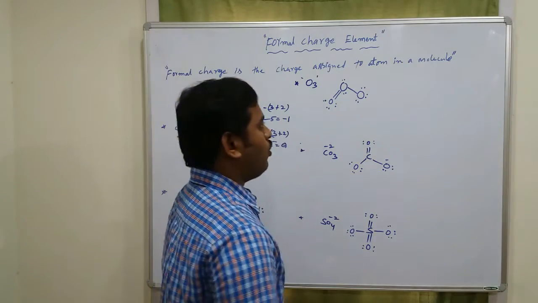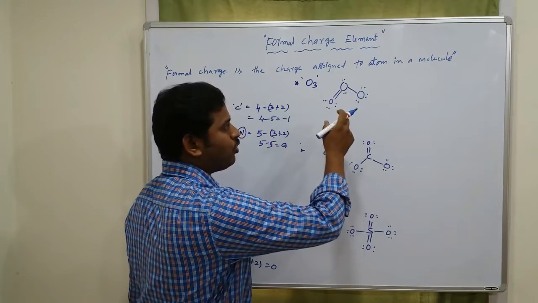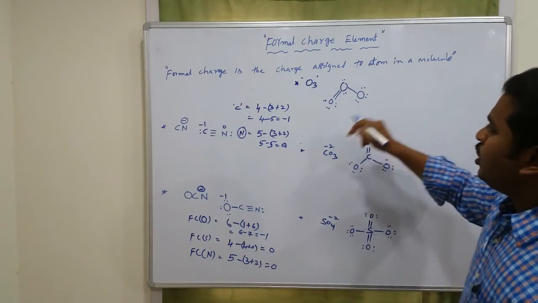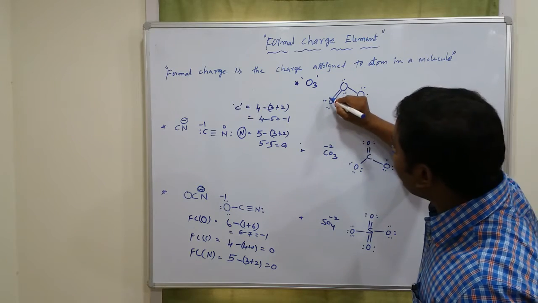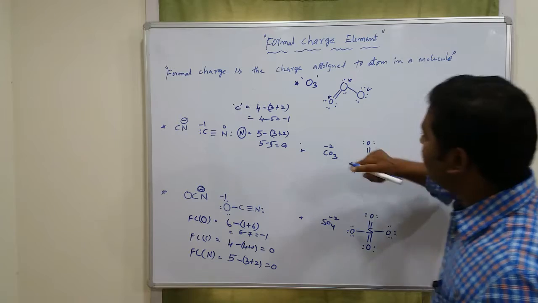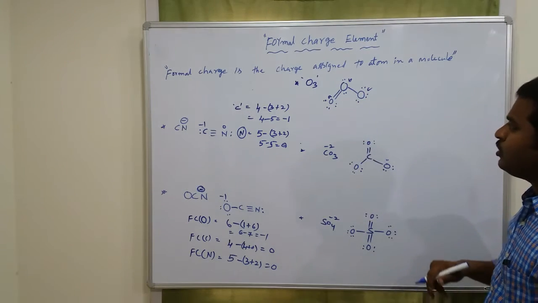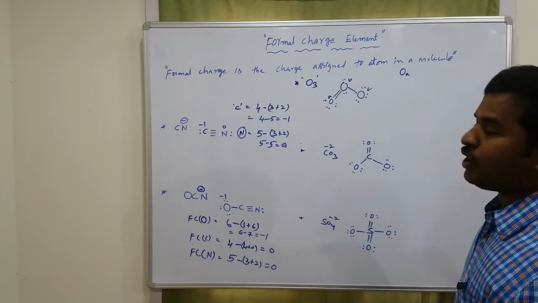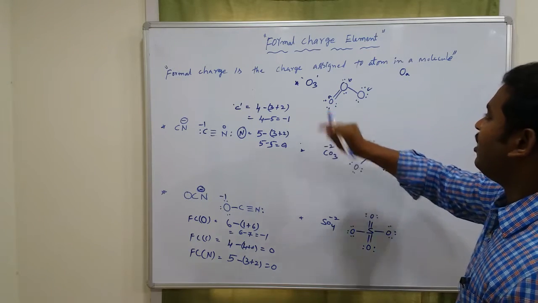Coming to the O3 molecule, it is ozone. In the ozone molecule, all 3 are oxygen atoms. For illustration purposes, I can label them A, B, C. There are 3 different atoms. So first let us see the formal charge of oxygen A, at the left side.